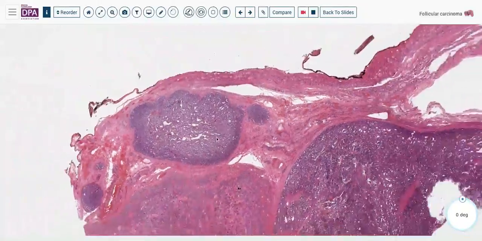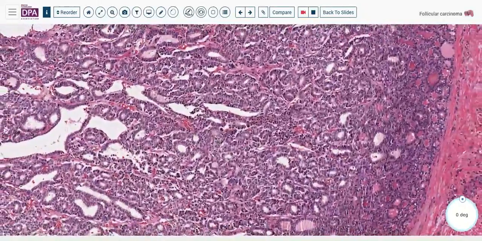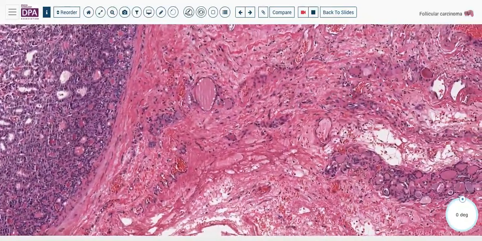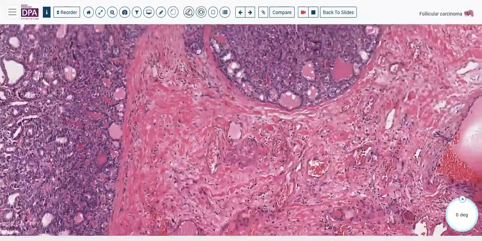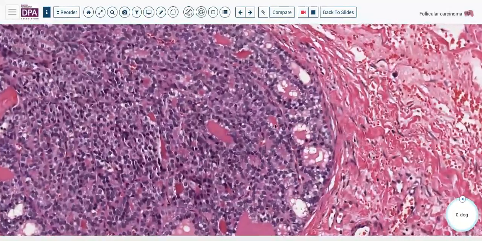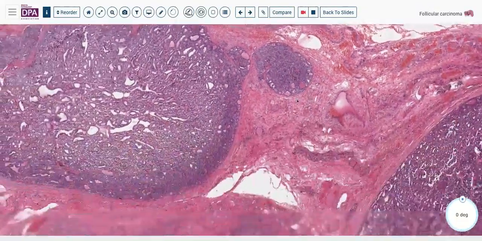And here's similar tumor outside here. Similar nuclear features, similar architecture, differing from the underlying benign thyroid parenchyma, multiple nodules. So this qualifies as widely invasive follicular carcinoma.